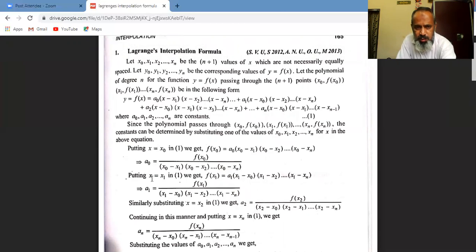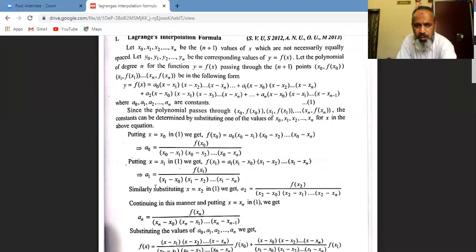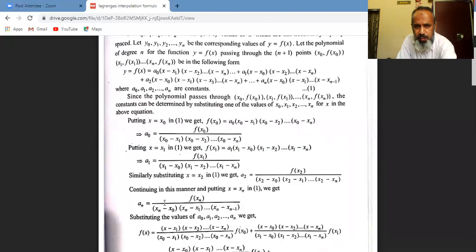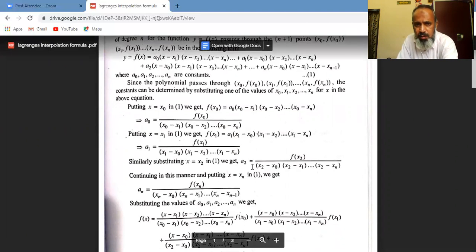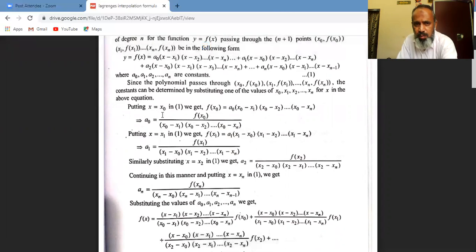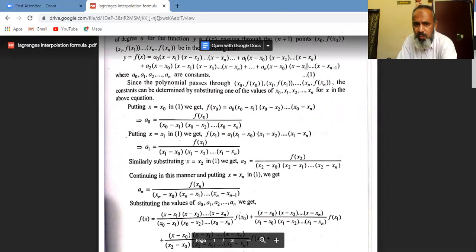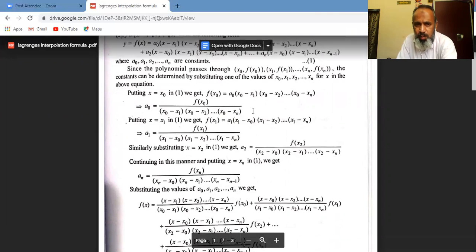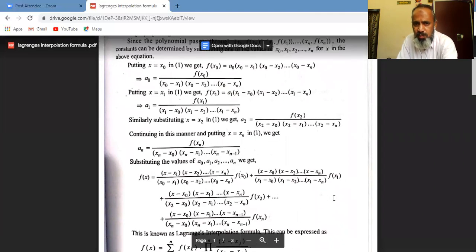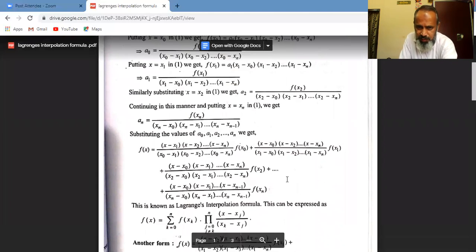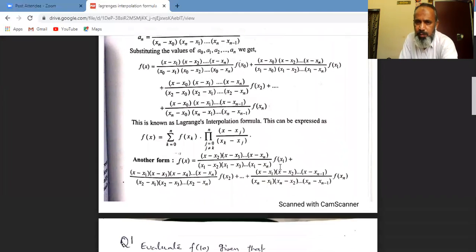Similarly, if we substitute x is equal to x1, we get the value of a1. By substituting x is equal to x2, we get the value of a2, and by substituting x is equal to xn, we get the value of an. After finding these constants, substitute all the values of the constants in equation 1, and we get the polynomial y is equal to f of x, which is known as Lagrange's interpolating polynomial.